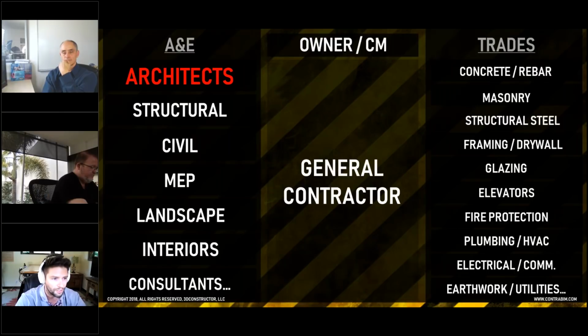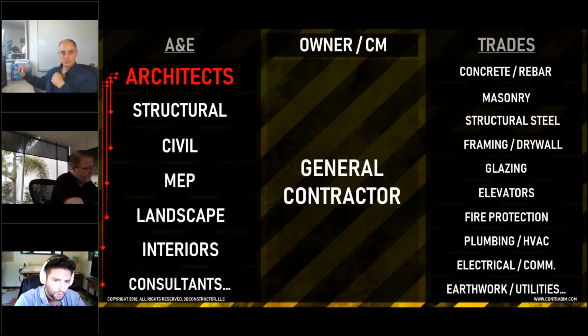Hopefully it's not too much to understand, but on the left here is essentially the design teams, in the center the general contractor, and on the right the trades. What I wanted to point out is looking at relationships. Certainly the architects are managing the sub consultants, and this isn't every single project, but a lot of projects flow like this, packaging things up and providing that to a general contractor.